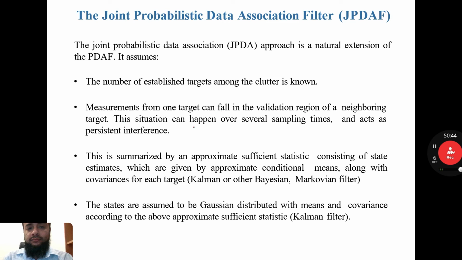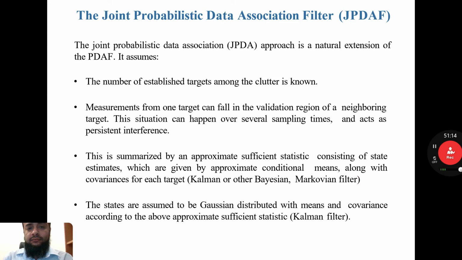This situation can happen over several sampling times, meaning it can happen in each scan, and acts as a persistent interference. This is summarized by an approximate sufficient statistic consisting of state estimates, which are given by approximate conditional mean along with the covariance of each target, like in the Kalman filter or other Bayesian filter and Markovian filter.